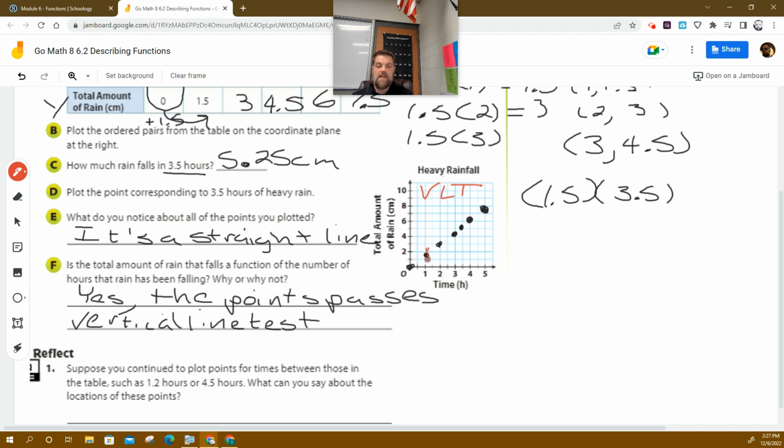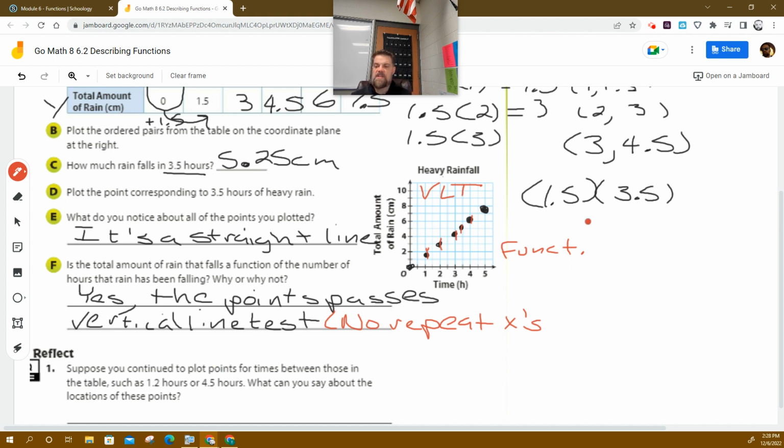So if I draw a vertical line here, I'm going to cross once. If I draw a vertical line here, I cross once, cross once, cross once, cross once. So that says that it's a function. But really, what we're determining graphically is that there are no repeat what? X's. Because if the X's were to repeat, then you'd have two dots. In other words, it would cross more than once that vertical line.